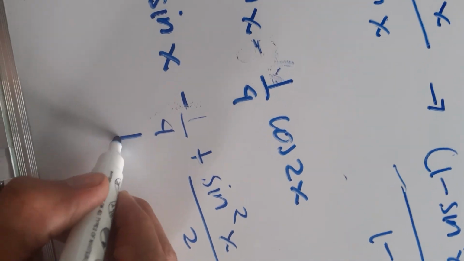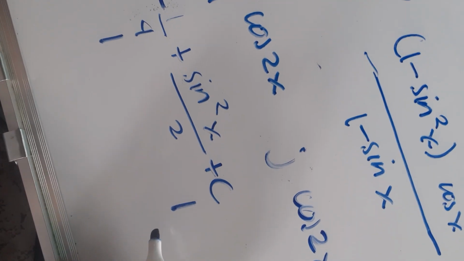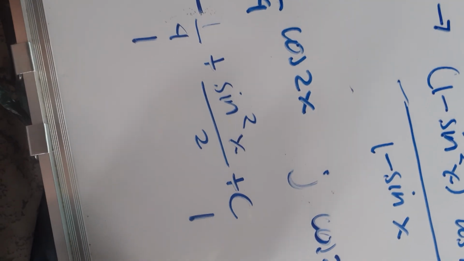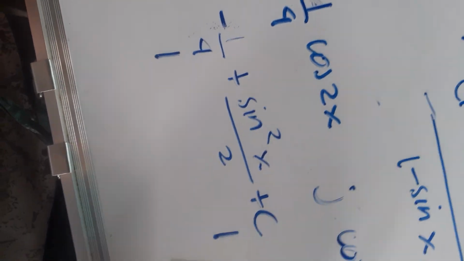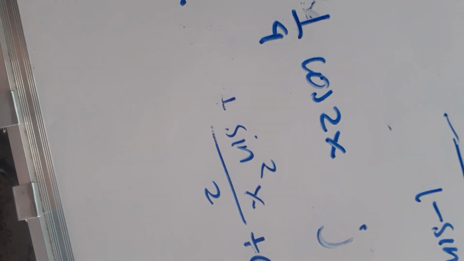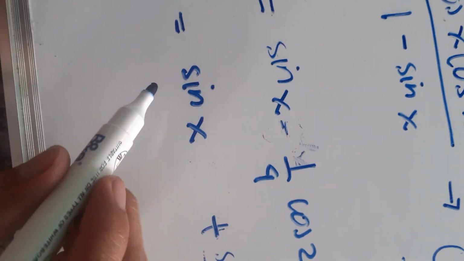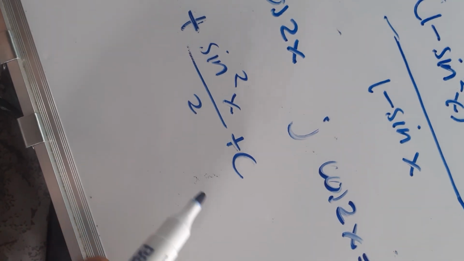However, we all know that 1/4 is a constant and c is also a constant. So if we add both constants, it will leave us with simply a constant as well. So we can simply write this as plus c. Our final answer should be sine x plus sine squared x over 2 plus c.